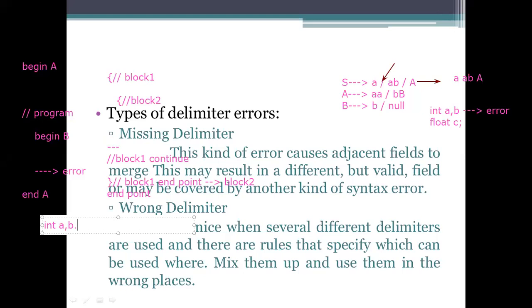What does it mean? Actually, a full stop is an endpoint in documentation or in sentence formation. But here, the dot we are representing is not a full stop, not an endpoint. It is being considered as an operator. So a wrong delimiter, we can't use that one.